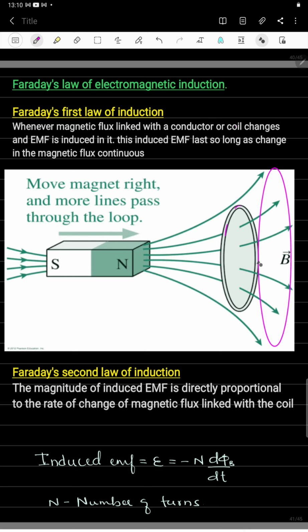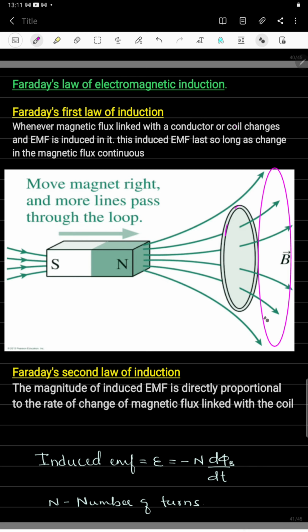So, if the magnetic flux linked with a conductor or a coil changes, if you are moving either the coil or a magnetic bar, in that time an induced EMF is produced. That induced EMF depends on the magnetic flux passing through the conductor.